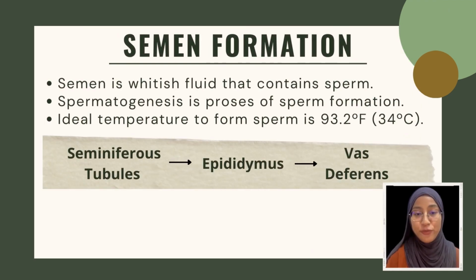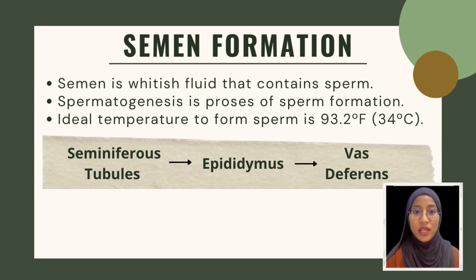Let's move on to semen formation. Semen is a whitish fluid that contains sperm. It can be ejaculated through the urethra at the peak of male sexual excitement. The process of sperm formation is called spermatogenesis. The ideal temperature for forming sperm is 93.2 degrees Fahrenheit or 34 degrees Celsius.